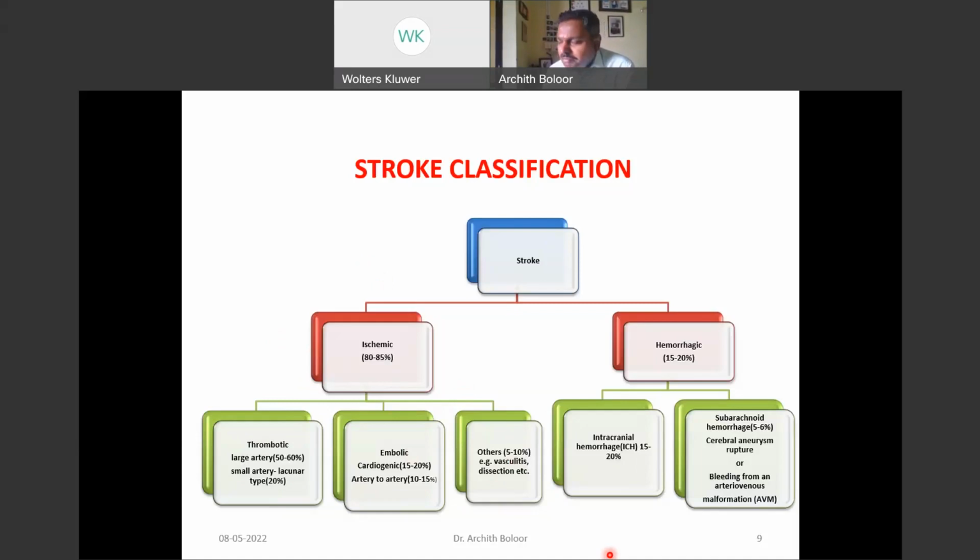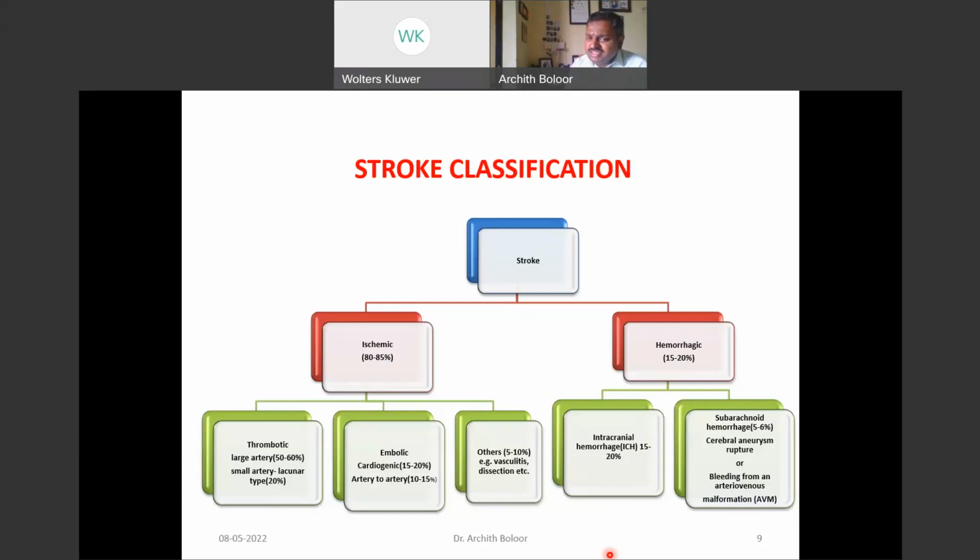A very important point that we have to understand is, despite thorough evaluation and all the newer investigations, we have a large chunk of diseases where we can attribute it to either thrombotic, hemorrhagic, or embolic, but we are not able to attribute the actual cause. We may not be able to say this is the prothrombotic event or this is the source of embolism.